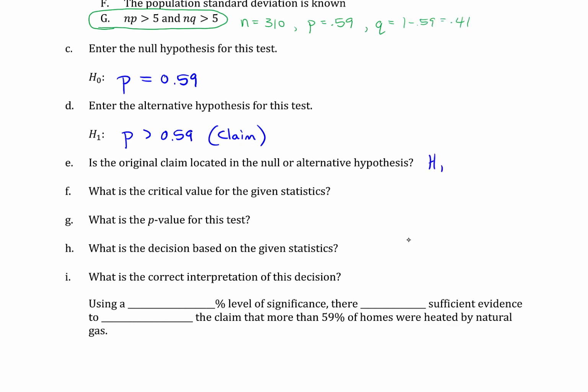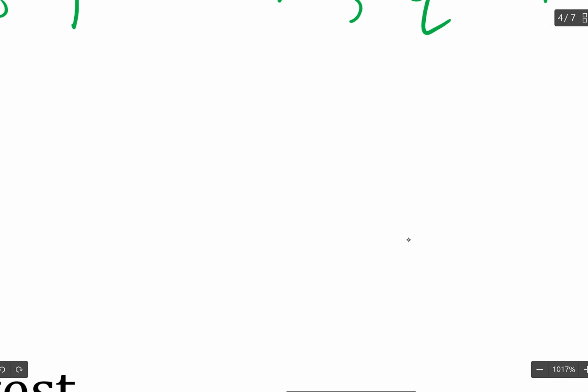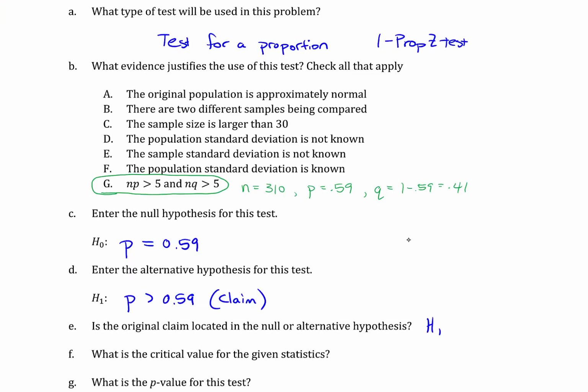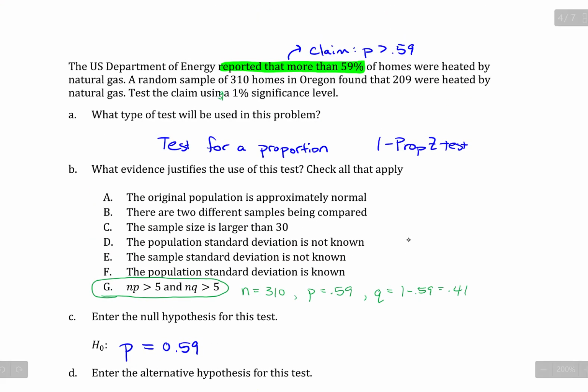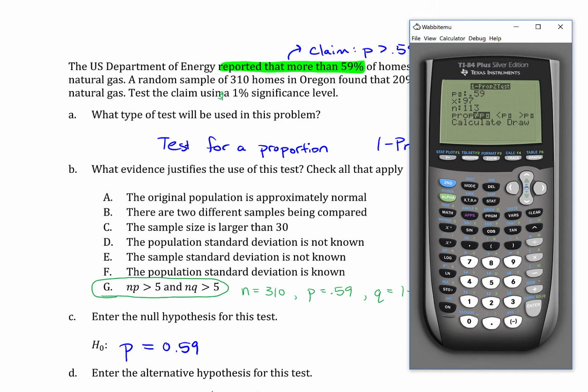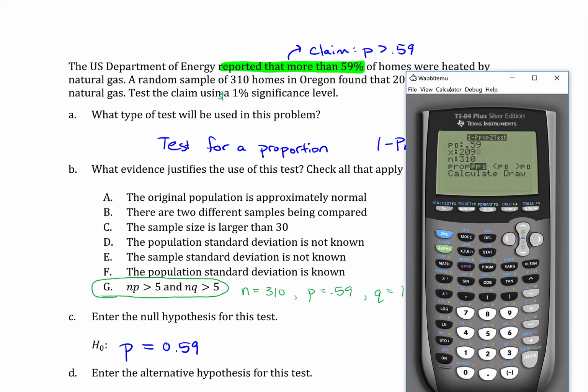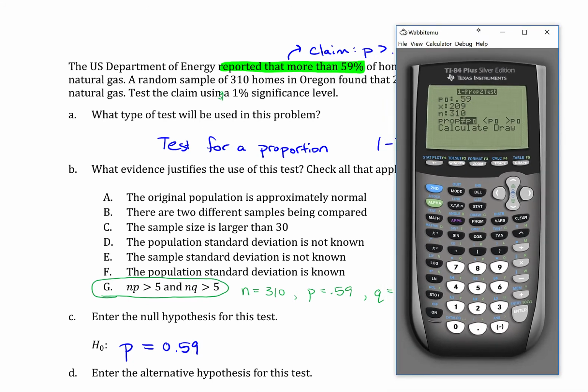X is the number of items that favor our event in the sample. And scrolling back up, that is 209. So we have a sample of 310 homes, and of those 310, 209 were heated by natural gas.